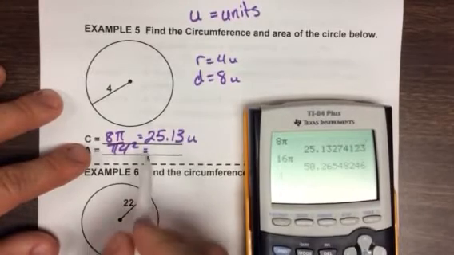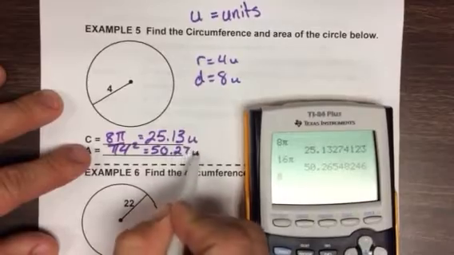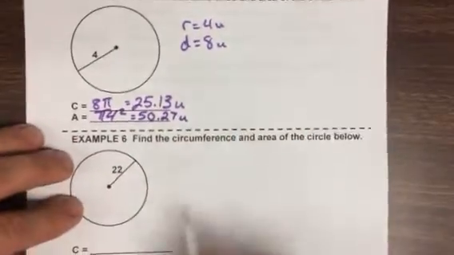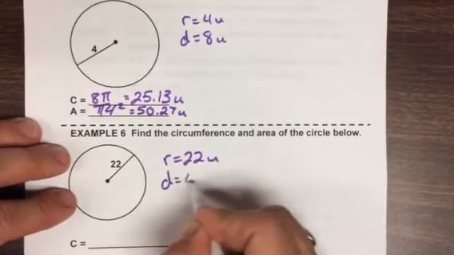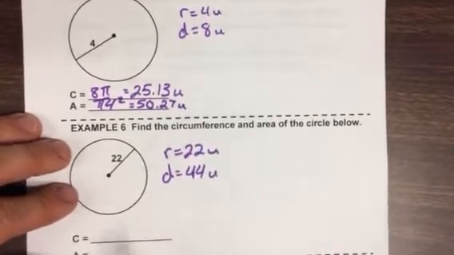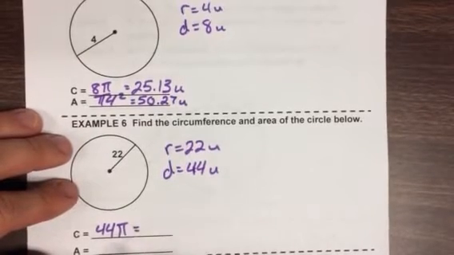Pi r squared is 50.27 units. 22, r equals 22 units, d equals 44 units. So I would say 44 pi, and I would say pi 22 squared.